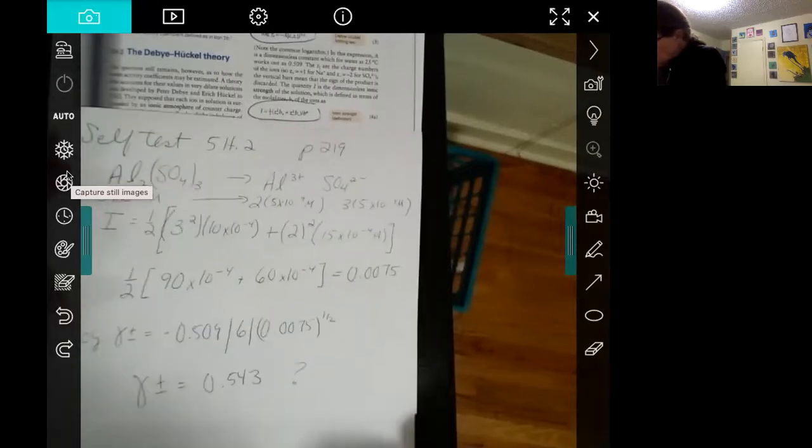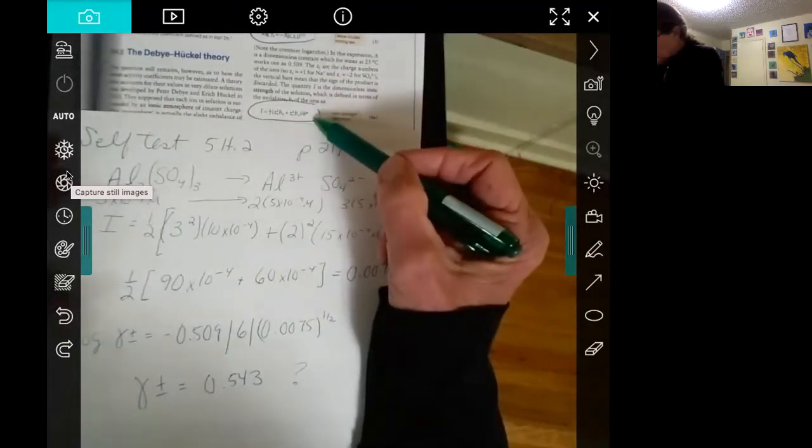So to get the ionic strength, the equation is right here. I didn't write it down, so I'll write it down bigger.